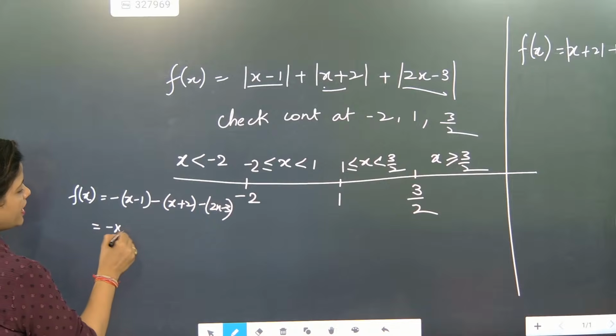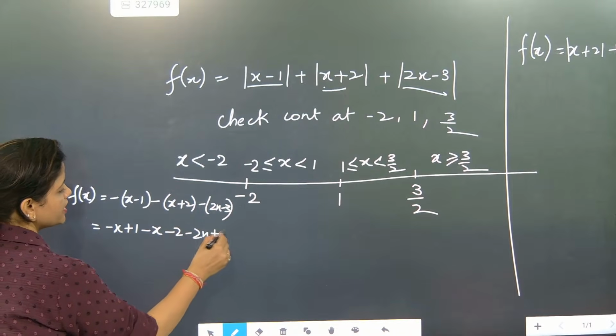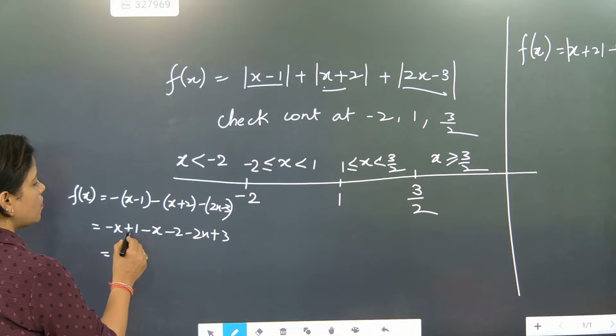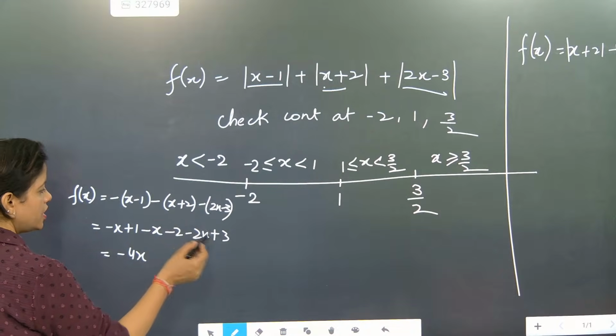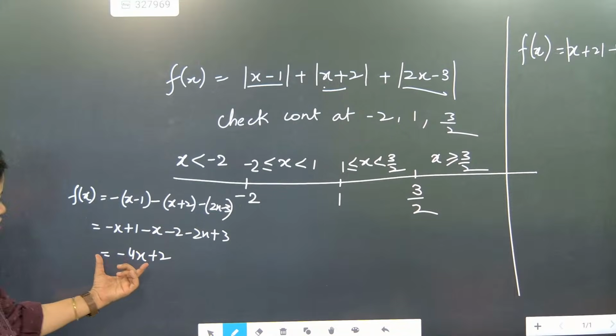Then solve it. Minus x plus 1 minus x minus 2 minus 2x plus 3. Minus, minus, minus, it will become minus 4x. 1 minus 2 is minus 1, minus 1 plus 3 will become plus 2. So this is your first value.